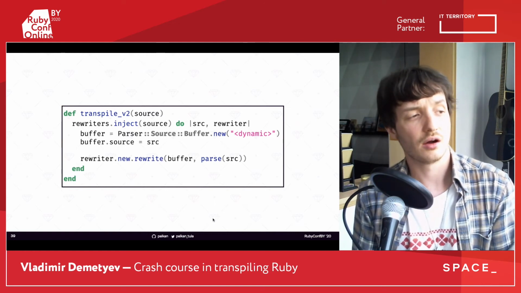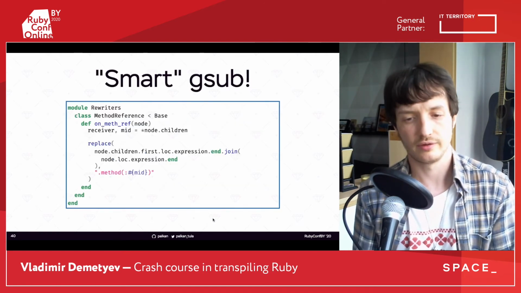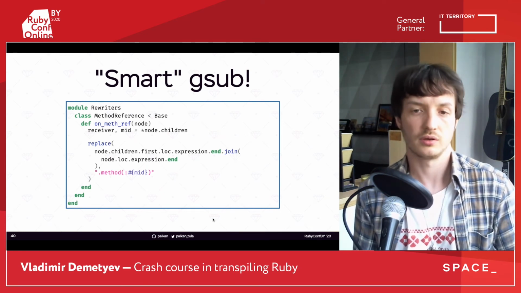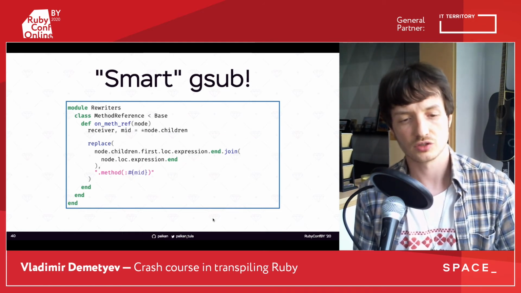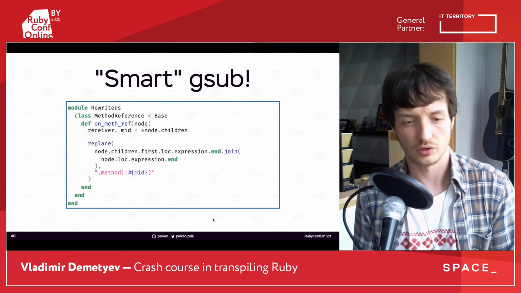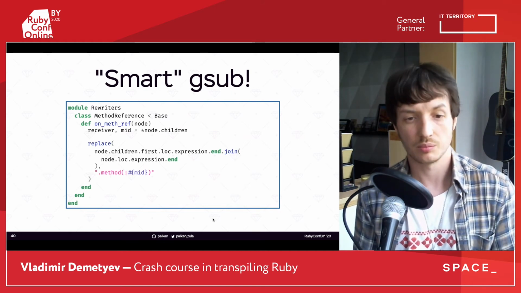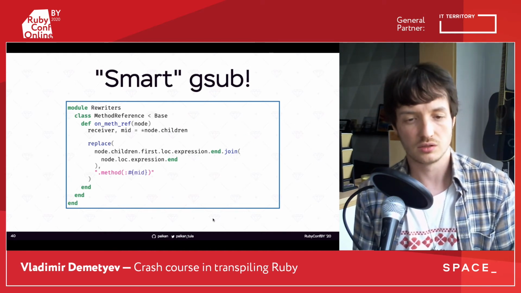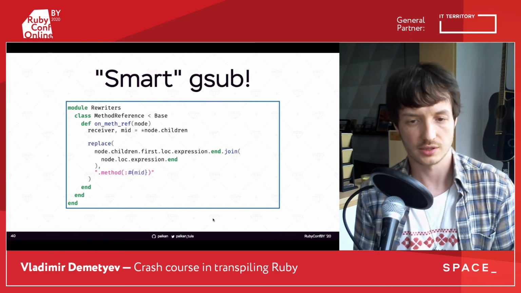So now instead of modifying the AST, we're no longer modifying the AST. We're just using it as a source of information about the source code. And we can use some helper functions to replace the original source code with the new source code. That acts like our naive approach with gsub and regex, but it's much smarter because now we have a context. We know that we're doing the right thing, that we're replacing exactly what we want to replace.